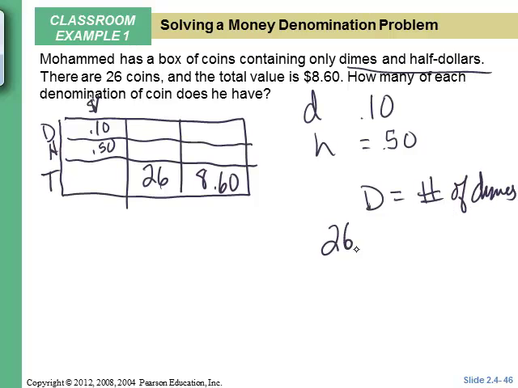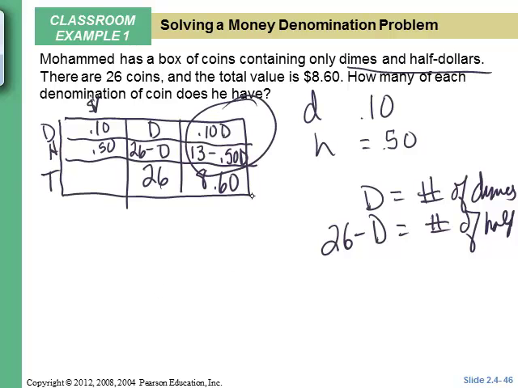So 26 minus D is the number of half dollars. So let's call this D. This is 26 minus D. Multiply this out, you get 0.10D. This one you get 13 minus 0.50D. Add these two together to get this. 0.10D plus 13 minus 0.50D equals 8.60.